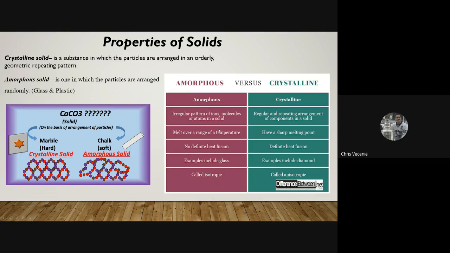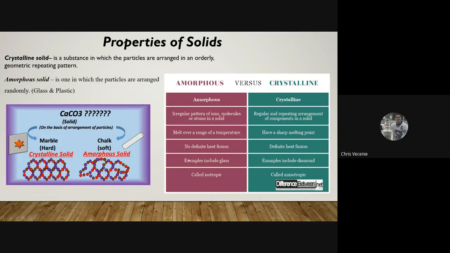Amorphous solids, like your glasses or your plastics, don't get one distinct temperature because they have that irregular pattern. Some spots are weaker than others, and the weaker spots will melt first, and the more structured spots that have stronger IMFs will melt at a higher temp and have a higher heat of fusion.